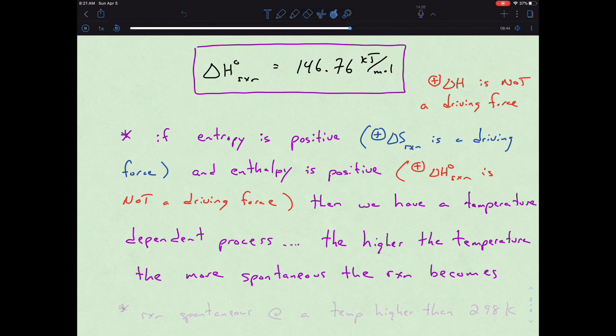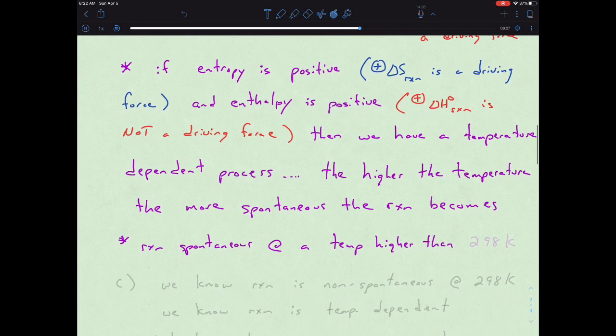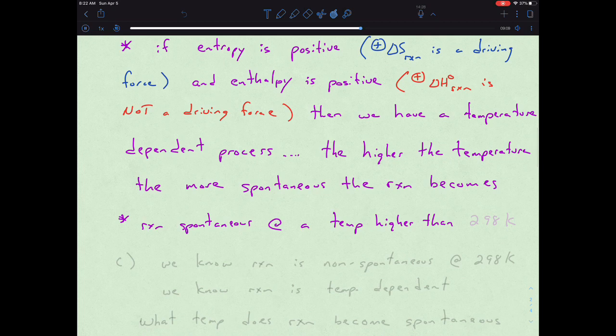So we know we're looking for a higher temperature than 298.